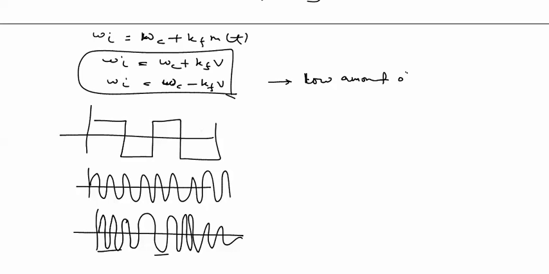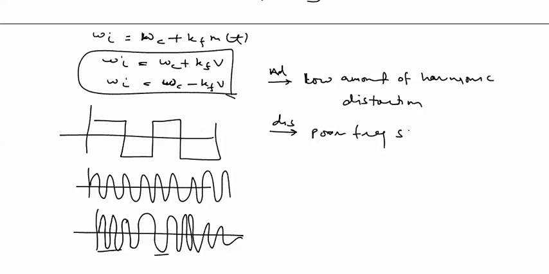The disadvantage is poor frequency stability, because low power is involved in this method since a diode is used. So poor frequency stability.